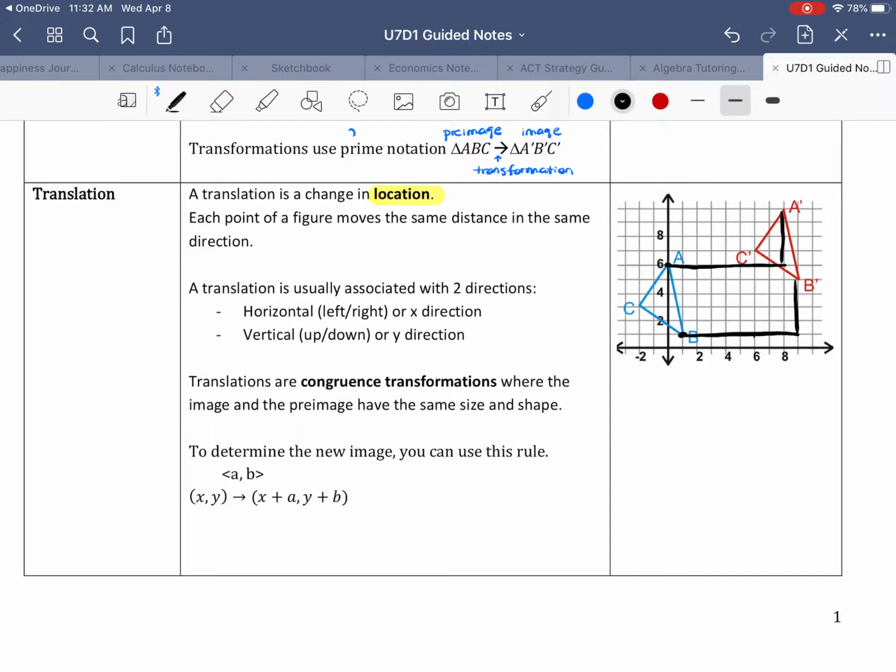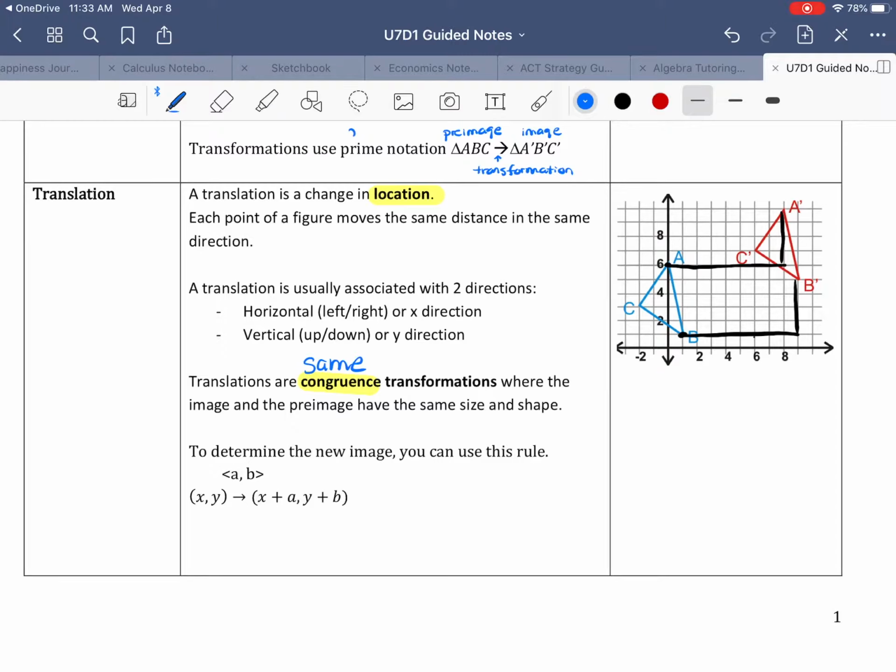Translation is usually associated with 2 directions, the horizontal, left or right, or X direction, and the vertical, up or down, or our Y direction. Now, translations are congruent transformations. Congruent here, we know means same.